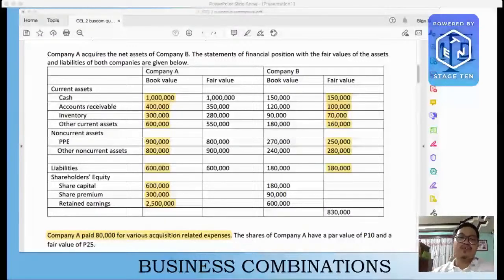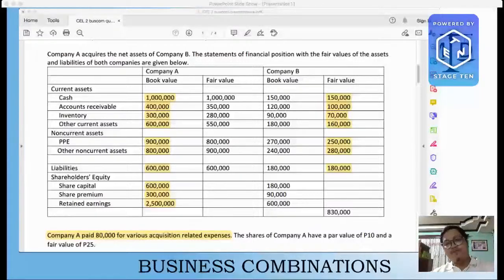Even though the first question asks for the goodwill, it's very common that students would still forget to incorporate it in the assets of the surviving entity. I hope that does not happen to you, class. I hope my reminders are enough that in computing combined total assets, you monitor whether there's a resulting goodwill or not.